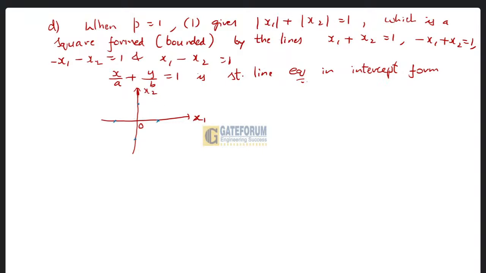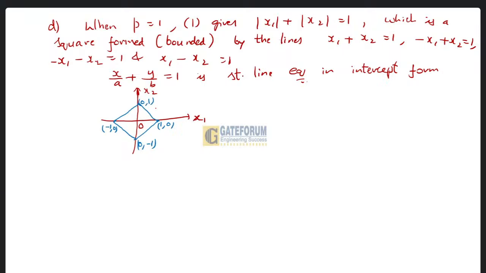Joining these boundaries, this point is (1, 0), this point is (0, 1), this point is (-1, 0), and this point is (0, -1).